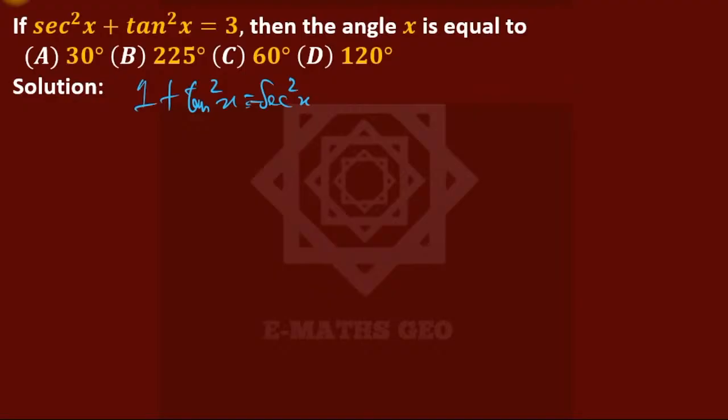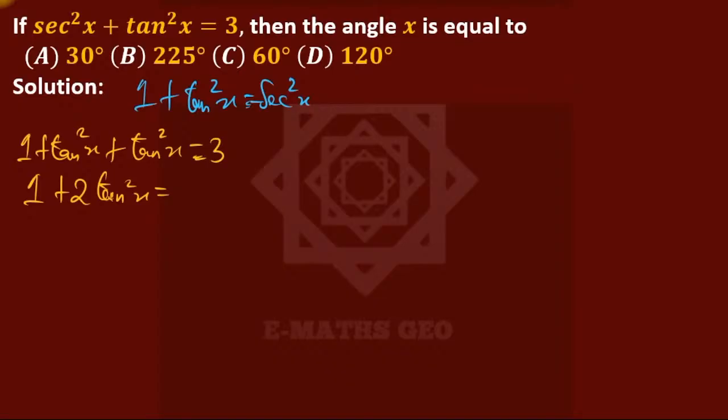So I can replace sec squared with 1 plus tan squared, so 1 plus tan squared plus tan squared is equal to 3. Adding the tan squared terms gives 2 tan squared equals 2. Subtracting 1 from both sides, 3 minus 1 is 2. Dividing both sides by 2, we have tan squared x equals 1.